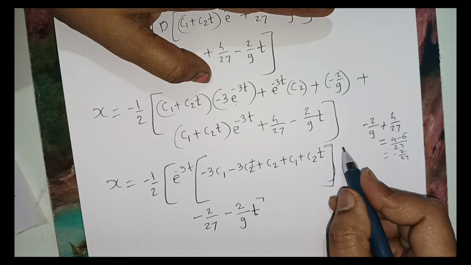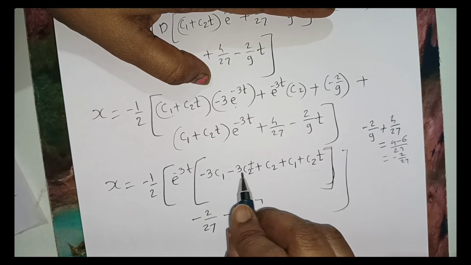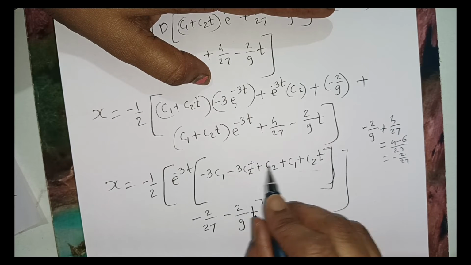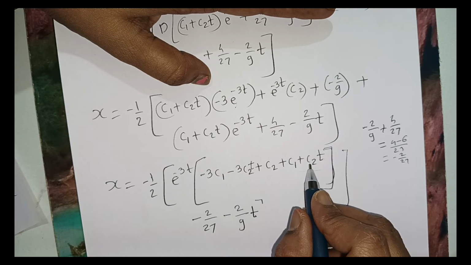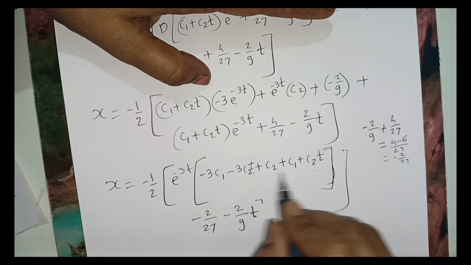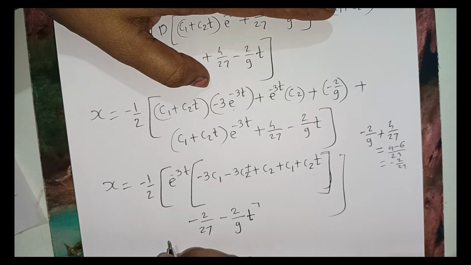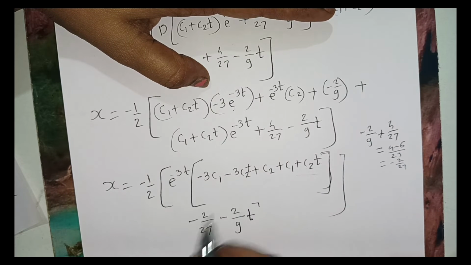Okay, now what you can do, you can take this minus 3 to t in common. Okay, and constants separate, so you have minus 3c2 plus c2, so it is minus 2c2, and minus 3c1 plus c1 will be minus 2c1.